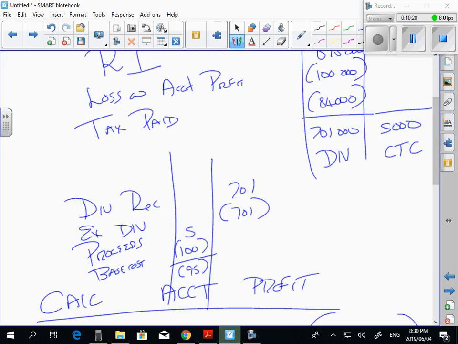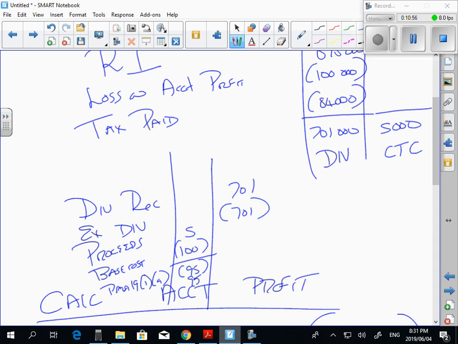So in this company, we've got a loss of 95, and we're going to add back 95. Paragraph 19(1)(a). Why? Because it says your exempt dividend 701. So up to 701 loss, we're going to add back. We can't add back more than the 95 that we've got. But you're not allowed to get that loss in terms of paragraph 19(1)(a).